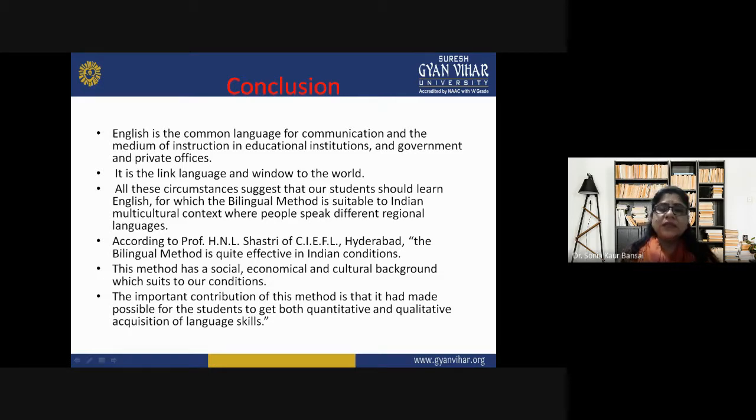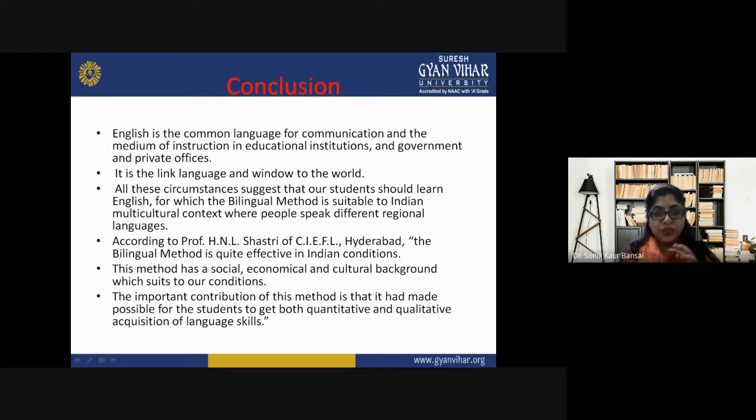And all these circumstances suggest that our students should learn English. We cannot escape ourselves from learning English language, for which the bilingual method is suitable to Indian multicultural context where people speak different regional languages.